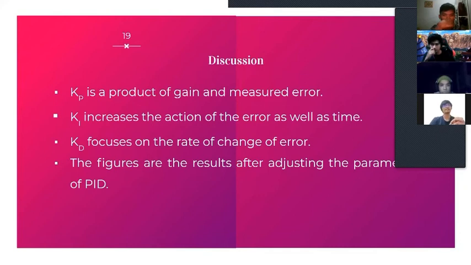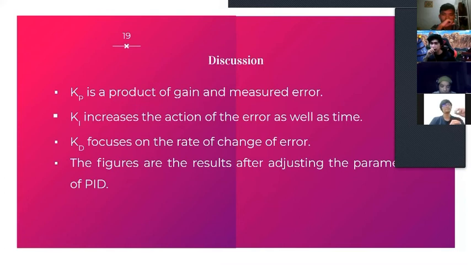Kp is the product of gain and measured error. This means the larger the Kp or the error, the larger the output from the Kp itself. Moreover, if the Kp is set too high, it will lead to oscillation due to repeated overshoot.